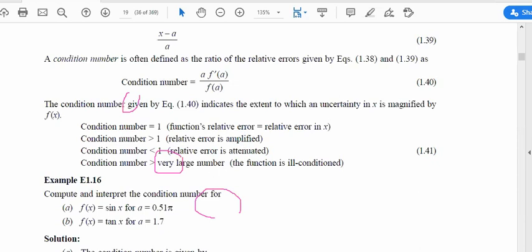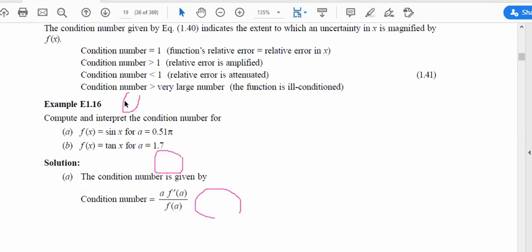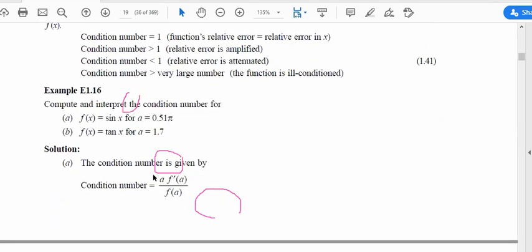Now take the example. Hurriedly we can take this example because we have limited time. Compute and interpret the condition number for this. f(x) is equal to sin x, a is equal to this, and then f(x) is equal to tan x.